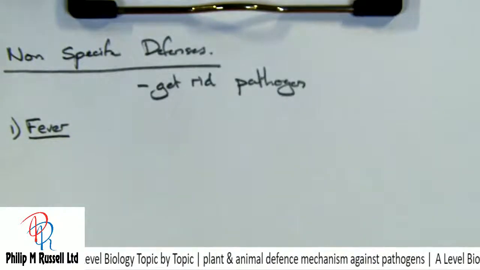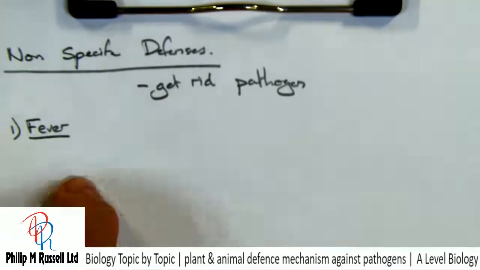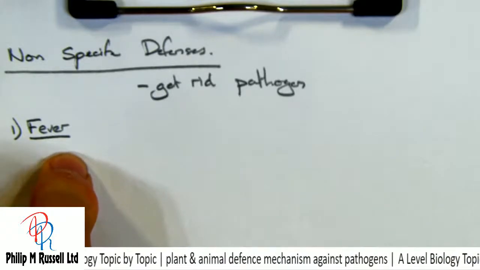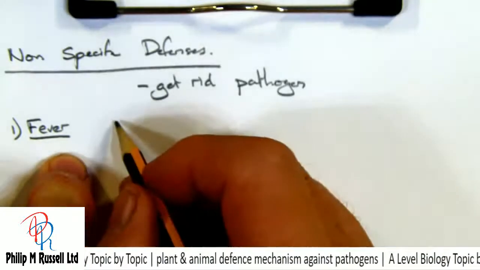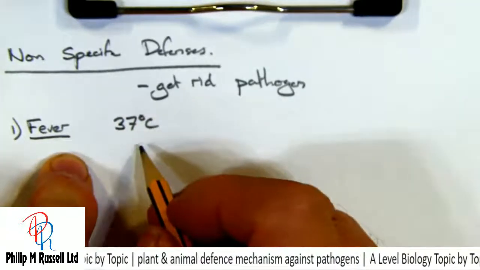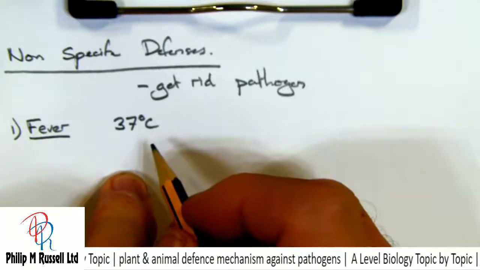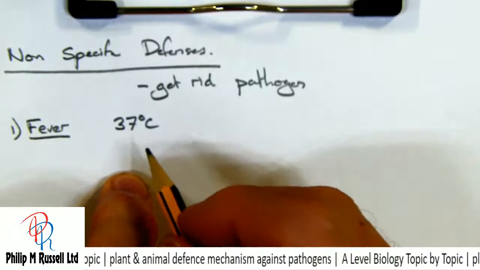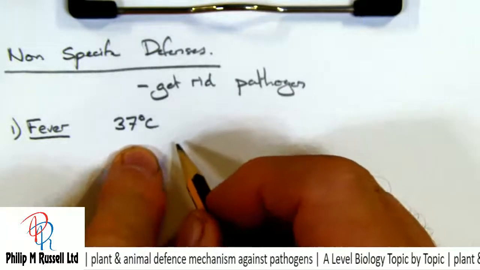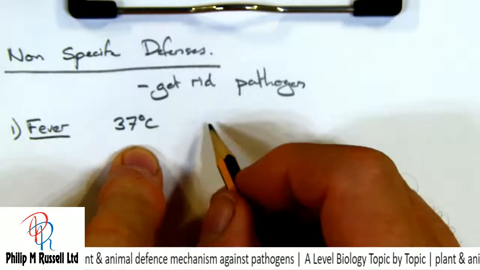This is a way of getting your body to upset the little pathogens that are in there. Our normal body temperature is around 37 Celsius, and most pathogens reproduce best at lower than 37. Higher inhibits the pathogen reproduction.